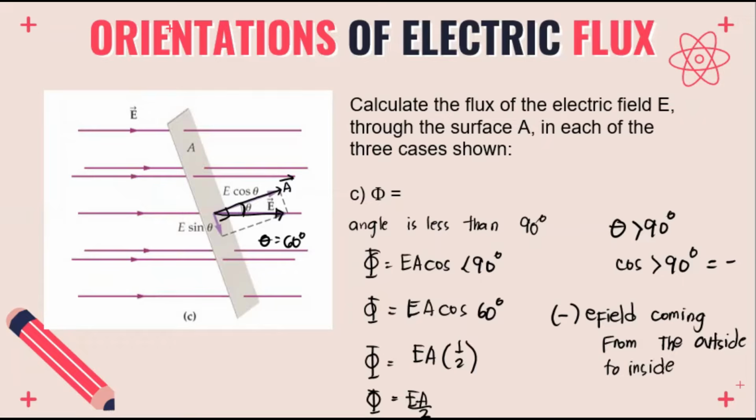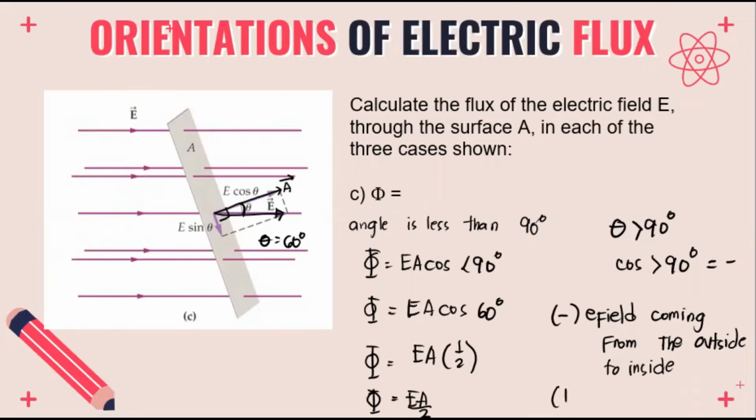Meaning yung electric field na nararamdaman ng surface na yon, hindi siya galing dun sa loob ng material mo. Galing siya dun sa labas ng material mo. Na-experience siya from an outside factor. Kapag ganun yung nangyayari dun sa situation mo, the electric flux is negative.